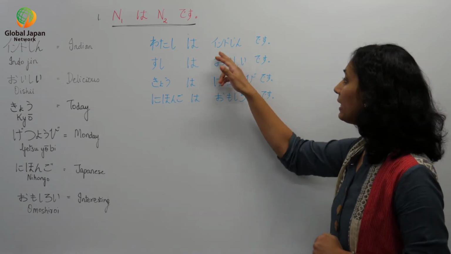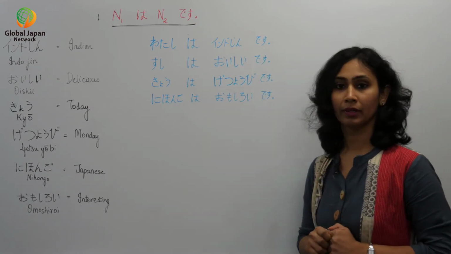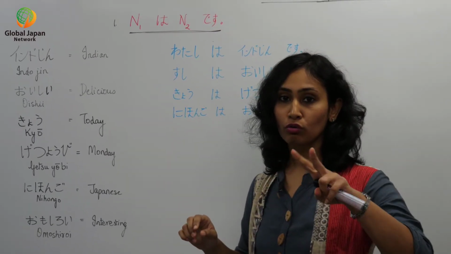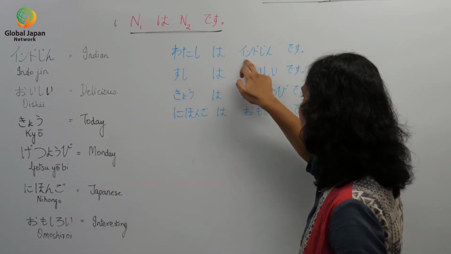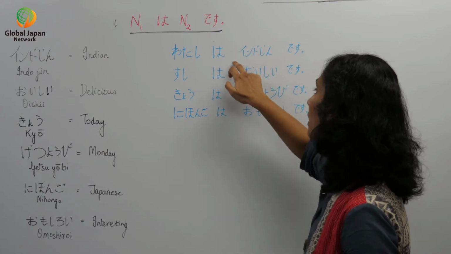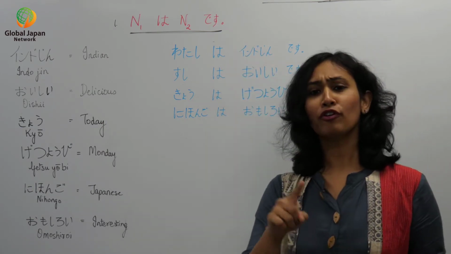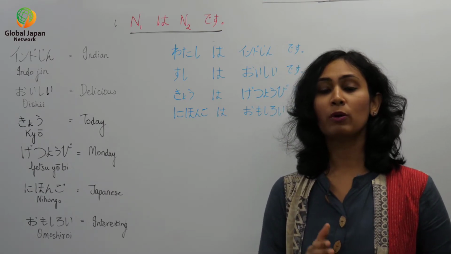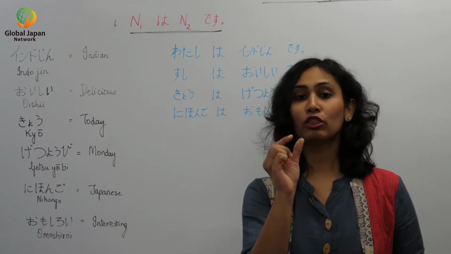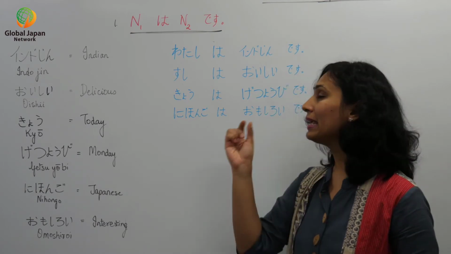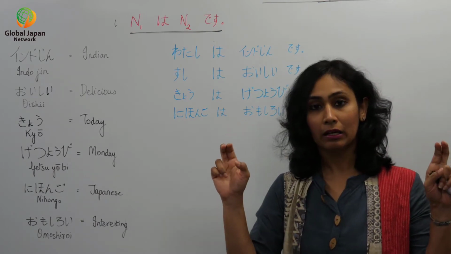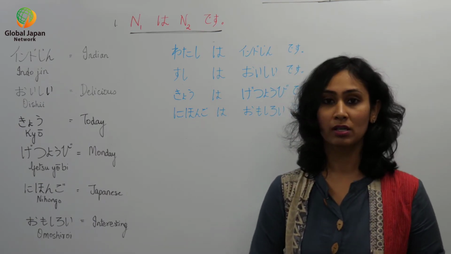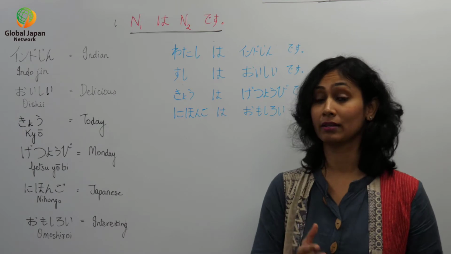Watashi wa Indo-jin desu. If you note, this sentence is a mix of two Japanese characters, namely hiragana, and there is also katakana used in this. If you remember watching our first video on Introduction to Hiragana, we would have told you that any word which is not the original Japanese word, foreign words, are written in katakana.